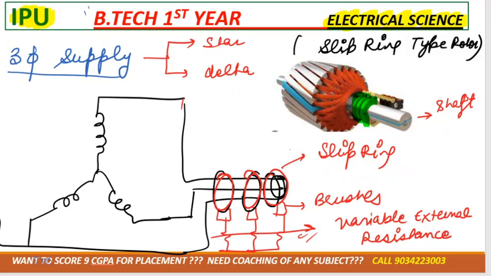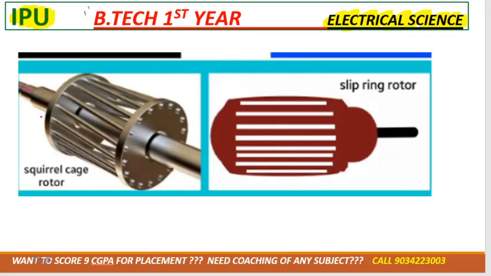Now understood? Now the next category, the squirrel cage rotor. As you can see, the cage is like a jail, so it's a cage-like structure, and this is the rotor. How will we show this? There are two rings at the end.